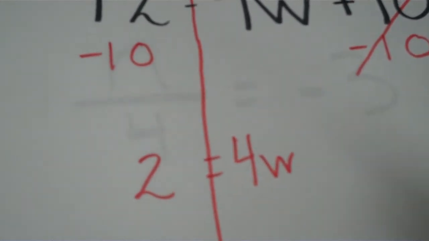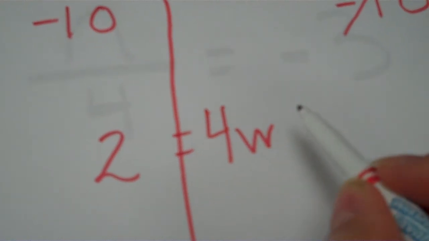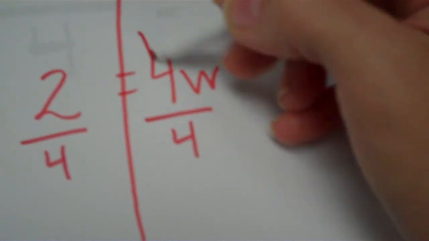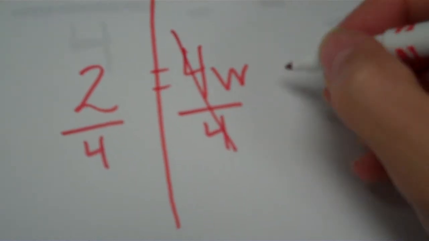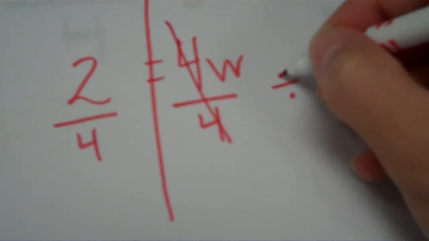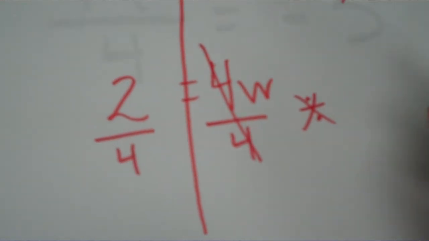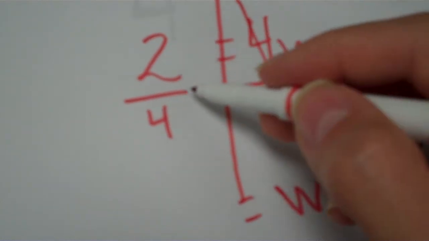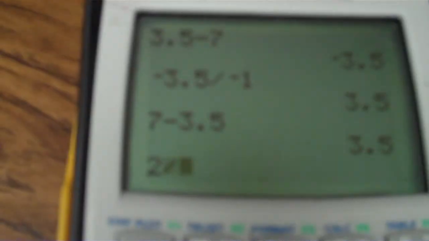Alright? Now here, side by side means multiplied. The opposite of multiplying by 4 is dividing by 4. Go ahead and draw your line here. Also, some of y'all yesterday were using this symbol for divide. Don't do that, okay? Use the fraction thing. The W comes down. 2 divided by 4 in your calculator, 2 divided by 4 is 0.5.